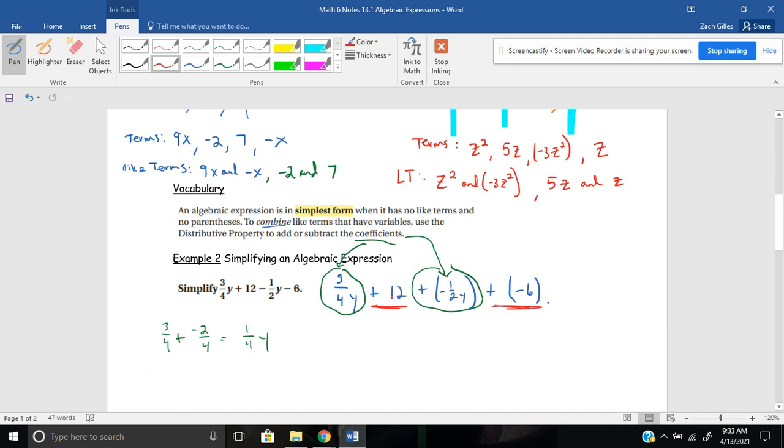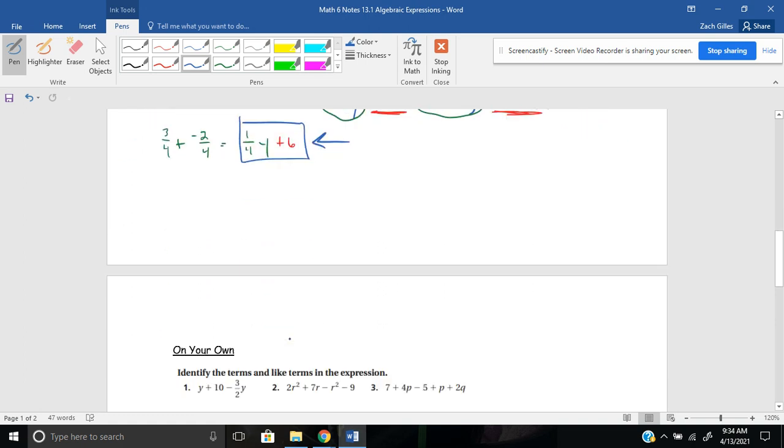So what is 12 plus negative 6? 12 plus negative 6 is 6. That's a positive 6. So I end up with 1/4 y plus 6. And I've combined my like terms, and now I'm in simplest form. Here is your answer. 1/4 y plus 6.